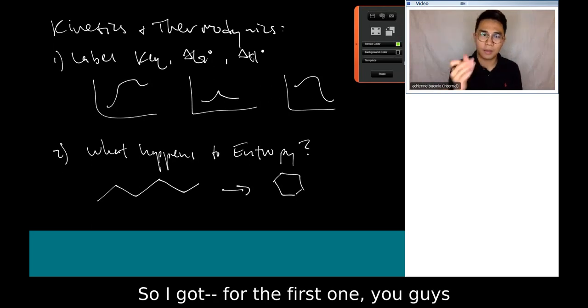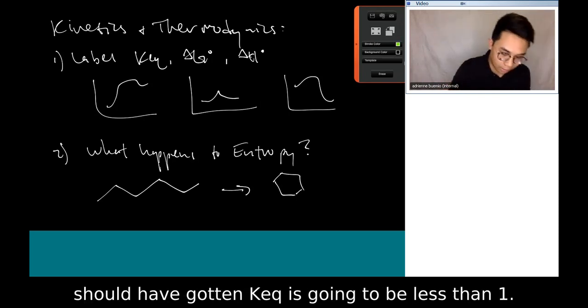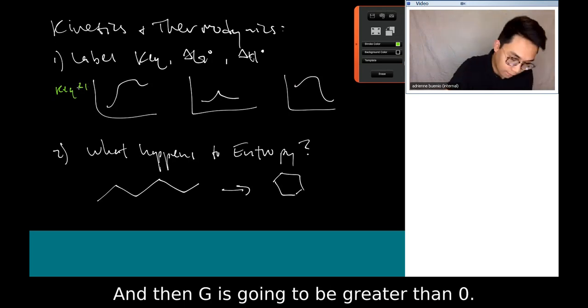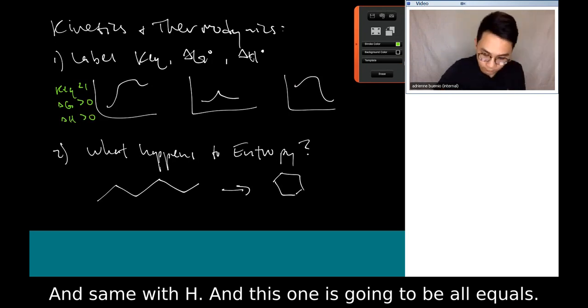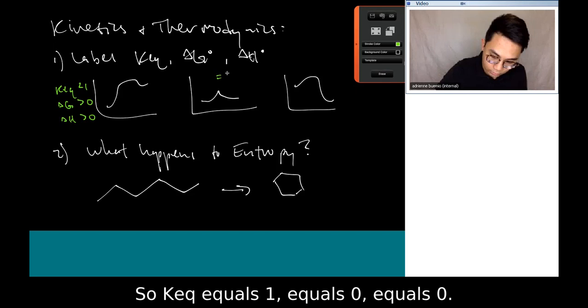So I got for the first one, you guys should have gotten KEQ is going to be less than one, and then G is going to be greater than zero, and same with H, right? And this one is going to be all equals. So KEQ equals one, G equals zero, H equals zero.